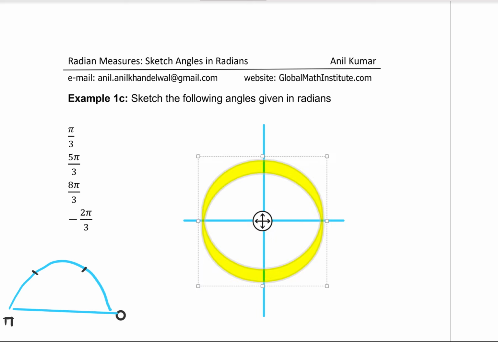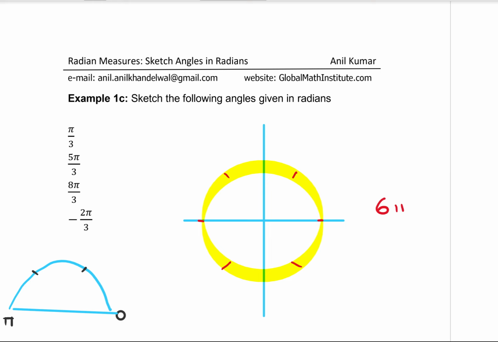We'll divide this into 3 equal parts. Let this be part 1, 2, and 3. Let's continue with this. So the later part is also divided into 3 more, giving us 6 divisions of pi by 3 each. Now clearly 6 divisions of pi by 3 each means 2 pi. Correct? So we get one full circle of 2 pi. So it is from 0 to pi, and if you continue this, you get 2 pi.